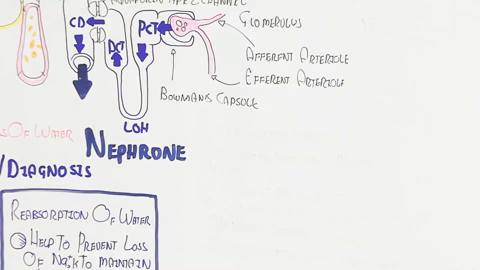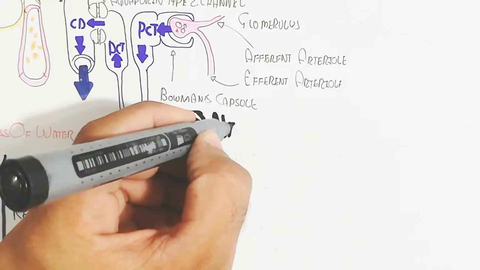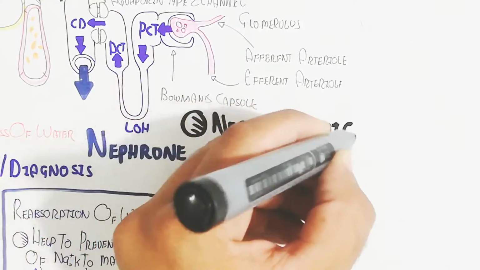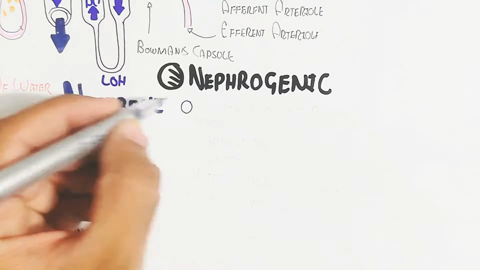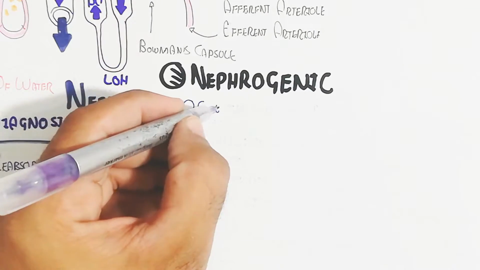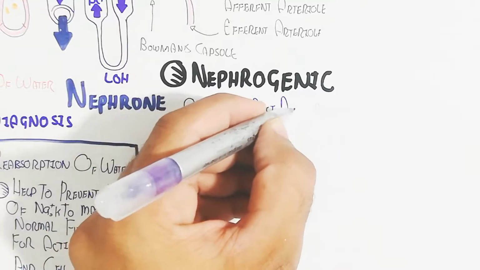So what are nephrogenic and cranial diabetes? Let's discuss further. In nephrogenic, the collecting duct doesn't respond to antidiuretic hormone, so the channel will not work.